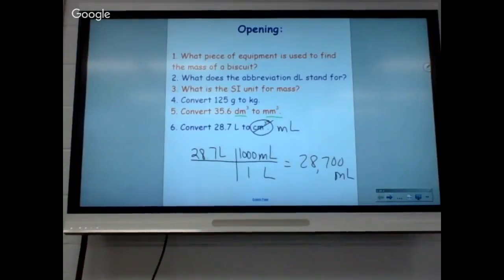Number 5, 16,840 millimeters. Number 6, decimal 3 zeros 156 kilometers. 7 is the same thing. So 15.6 centimeters cubed. And number 8 is 965,000 centimeters cubed.